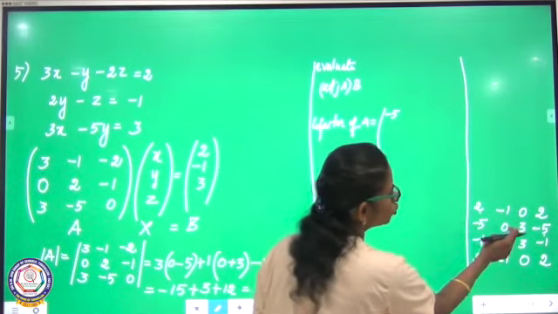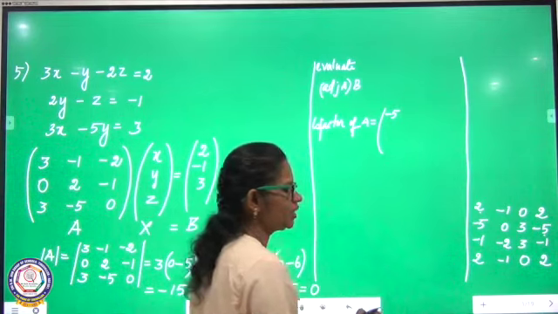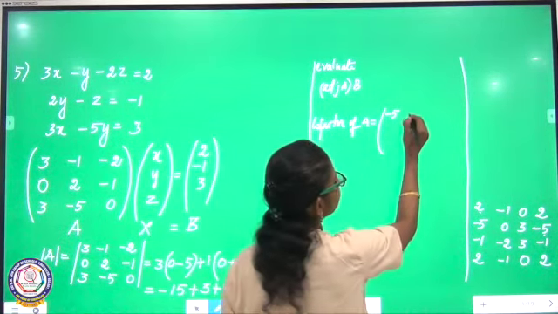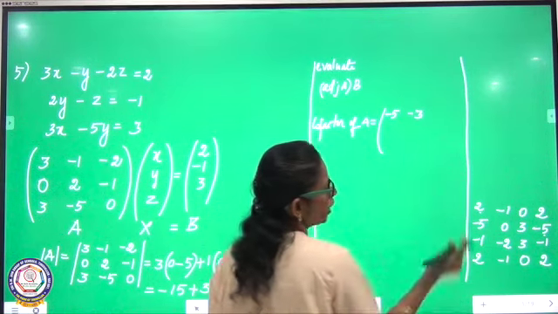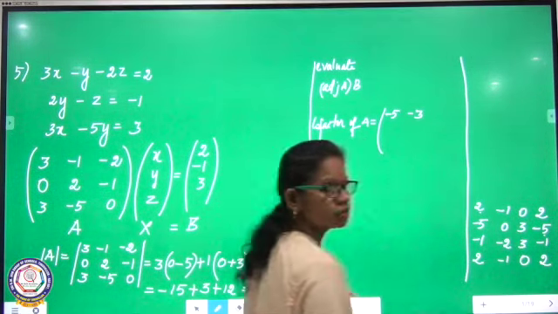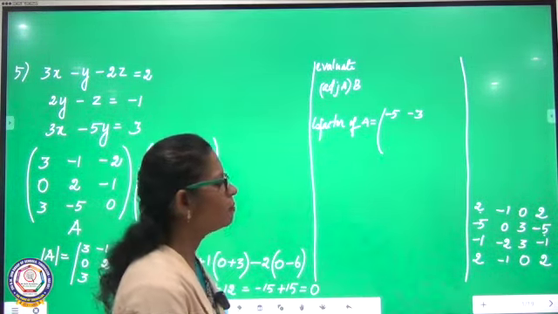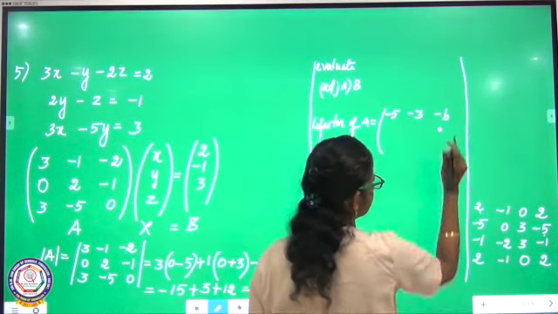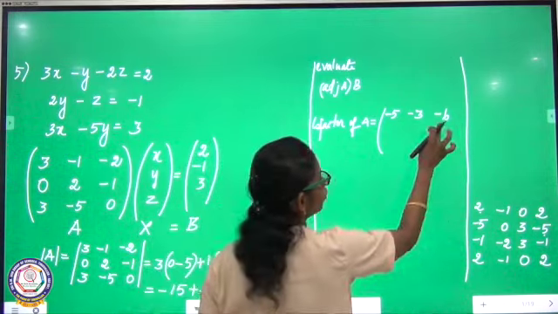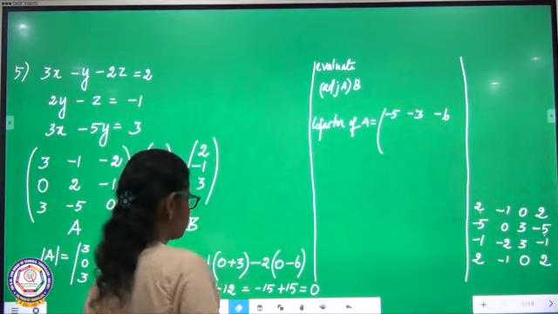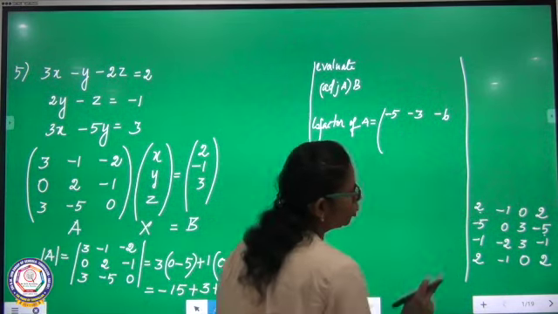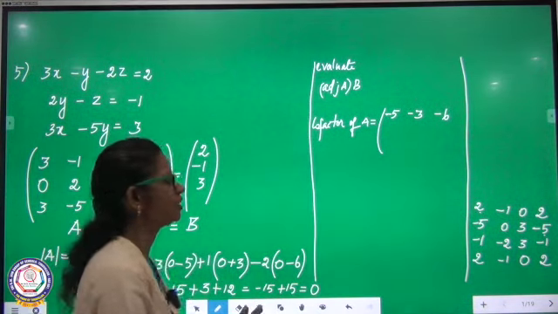Next, -1 into 3 is -3, minus 0. So -3. Next, 0 into -5 is 0, minus 3 twos are 6. You write it as -6. Next, -5 into -2 is -10.